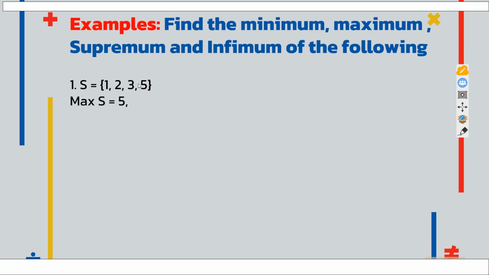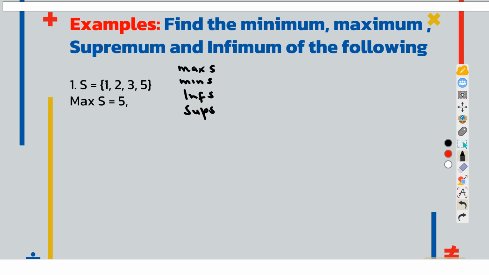For example, we have this set. This is one of the finite sets, and I am sure at the moment you should be able to easily get the maximum, the minimum, the infimum, and the supremum of this set. First of all, we have to check whether this set has finite elements, and it is true, it has.